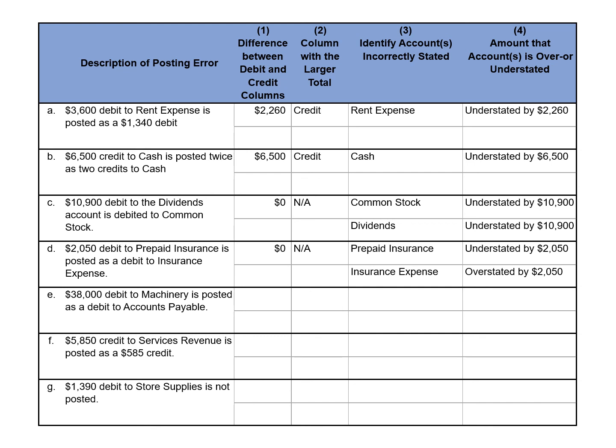In Part E, a $38,000 debit to machinery got posted as a debit to accounts payable. So here's what's happened here. We are missing debits of machinery for $38,000. So our debit column is too low by $38,000. And our accounts payable was debited instead.